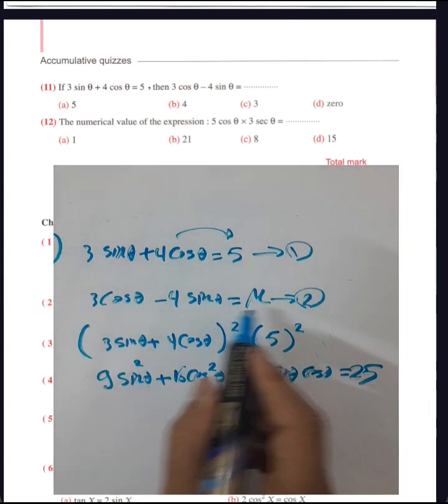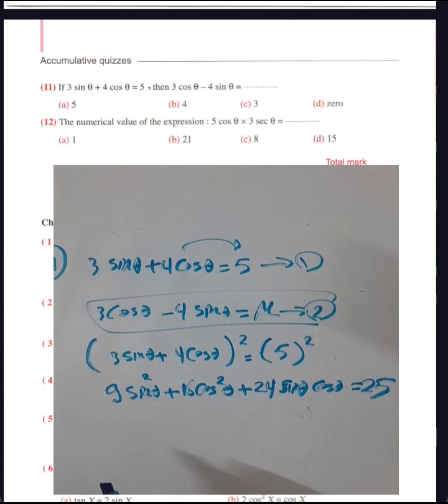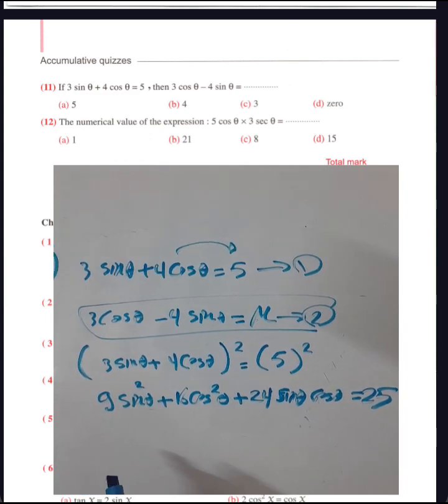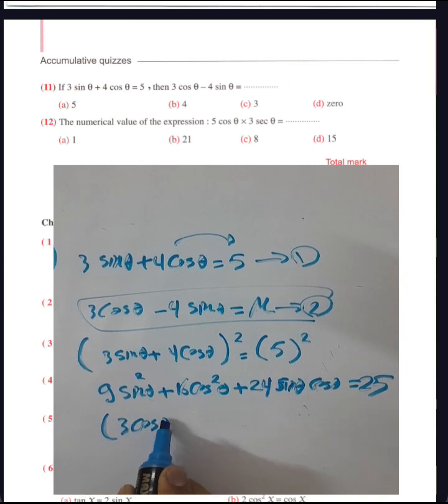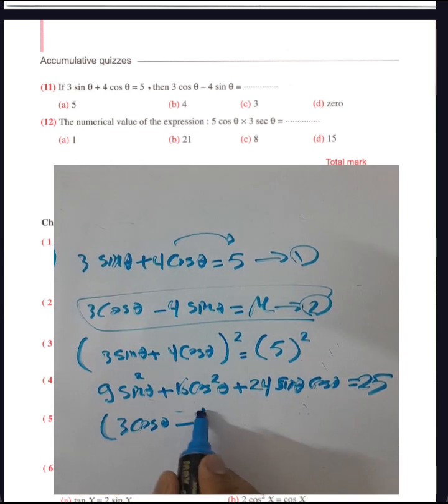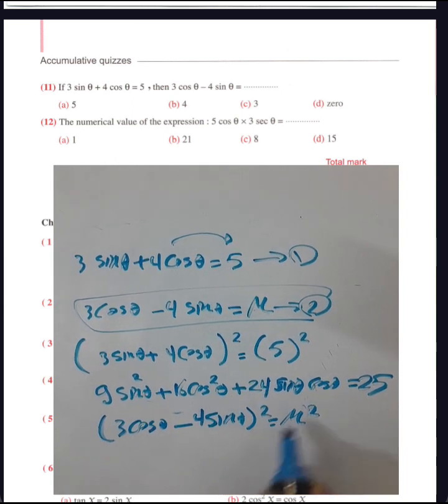And the first equation we will put power 2. I will put power 2 on this expression. Right, 3 cosine theta subtract 4 sine theta, power 2, equal m power 2.